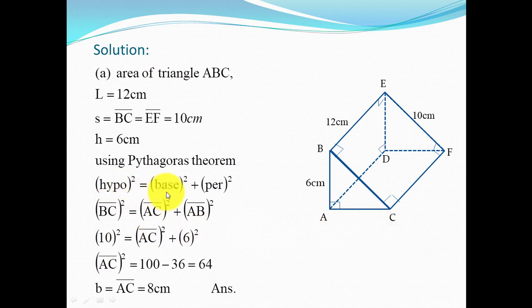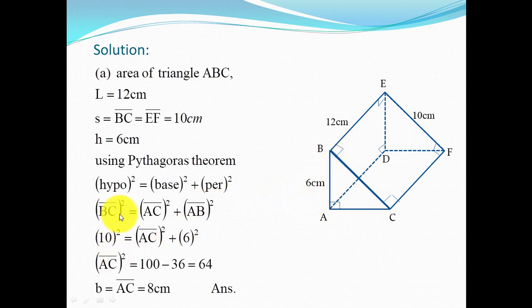Hypotenuse squared is equal to base squared plus perpendicular squared. And what is the hypotenuse? Here the hypotenuse in triangle ABC is BC. The base is actually AC, and the perpendicular is actually AB.